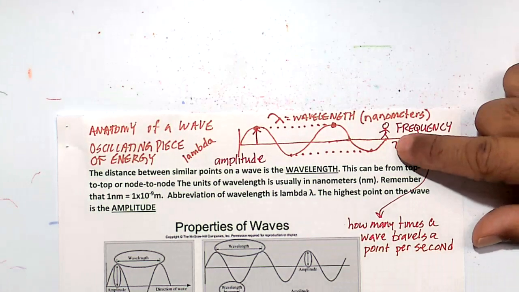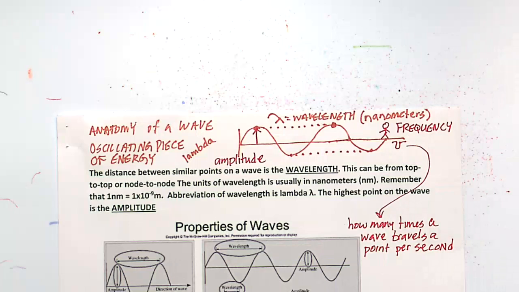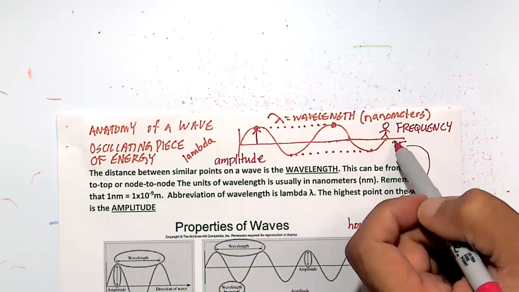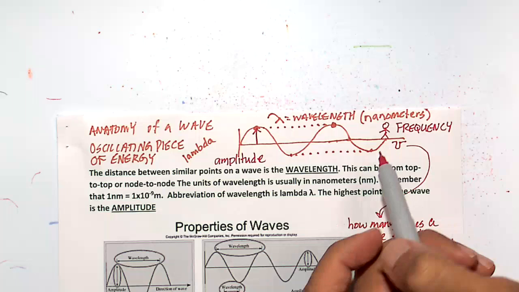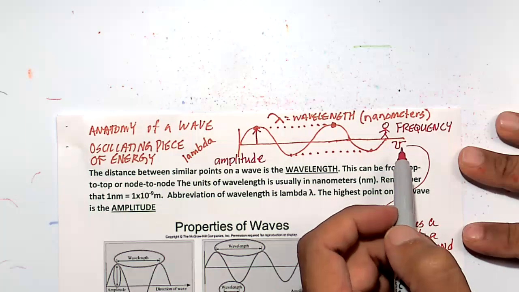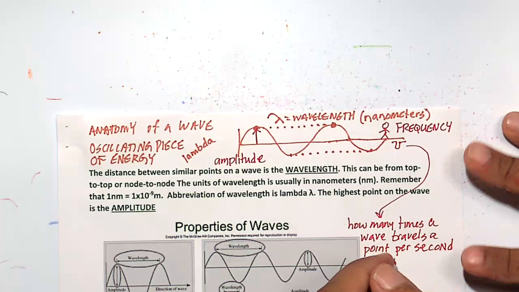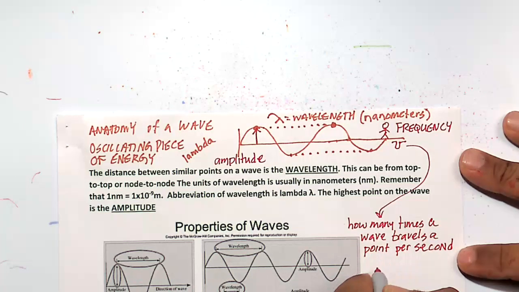Remember, these things are traveling. Think of ocean waves oscillating up and down, and they're passing some point. Here I'm having the wave pass through you or me. How many times does it pass through us per second? So the unit here is 1/second, and that is also called hertz.